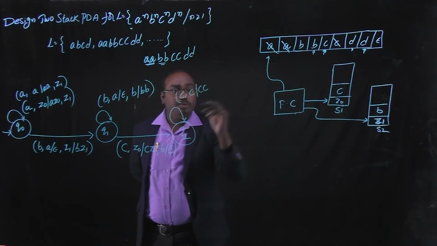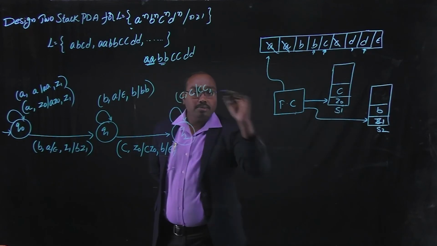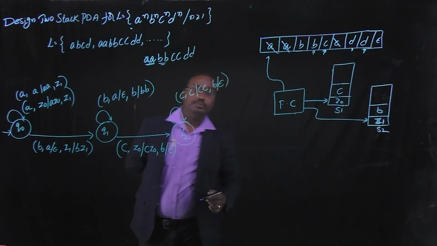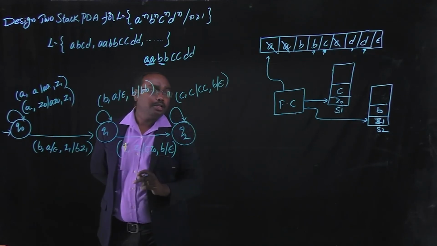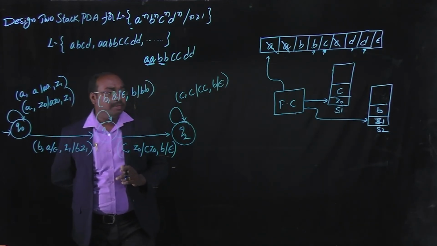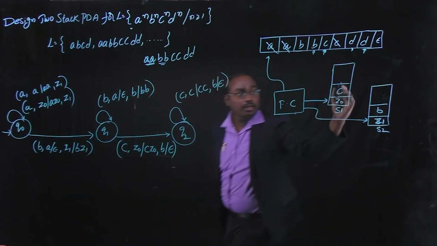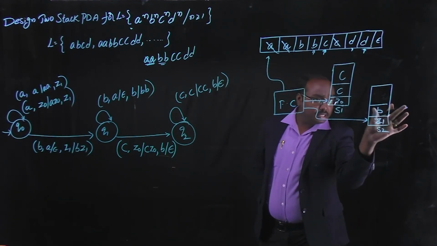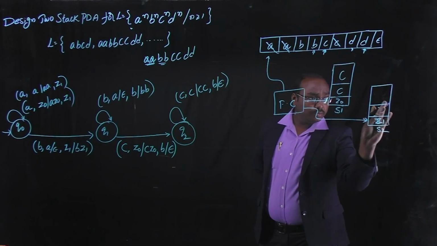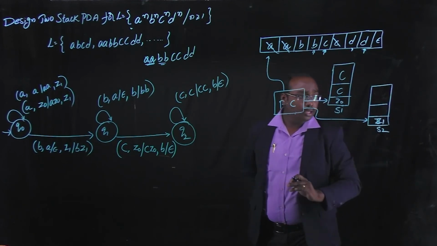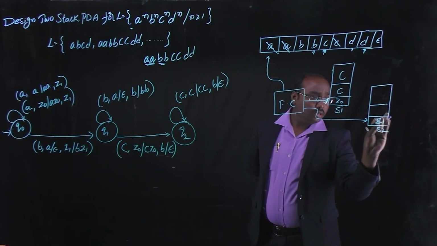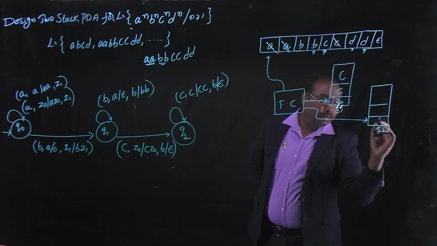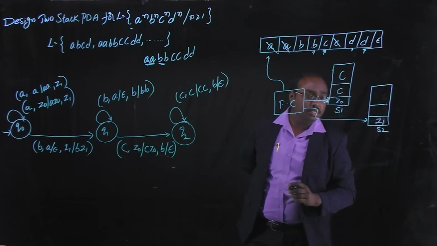All C's should be pushed onto stack 1, and B's should be popped from stack 2, removing the top element of stack 2. Now the top symbol is C, and this B should be removed. So now stack 2 is empty. This is Z0.